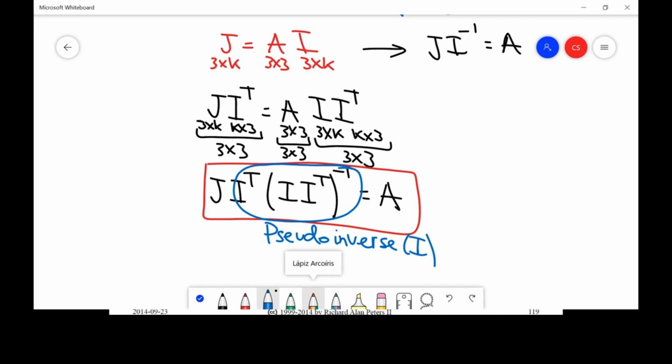Actually, if you compare this one to this one, it has kind of the same flavor. But this one cannot be done because I is not invertible, since it's not a square. But for this one, I I transpose, unless it has a zero determinant, is square, so it can be inverted.